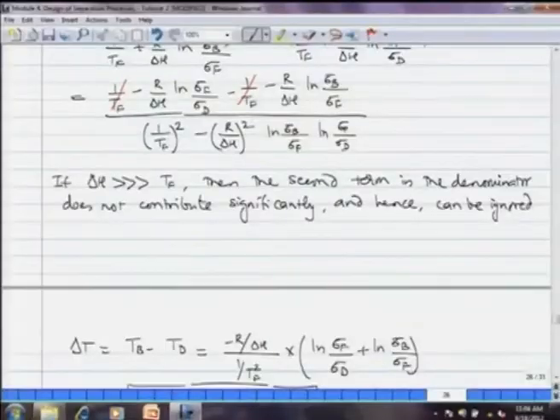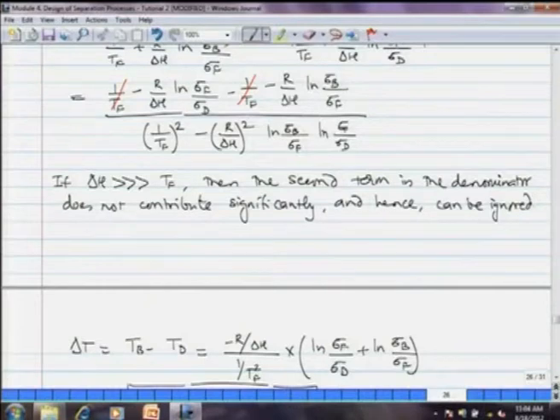R is 8.3, the universal gas constant, so it is 8.3 joule per mole per Kelvin. So the R by delta H ratio is of the order of 8 divided by approximately 2000, so it is 0.004, and then that squared.